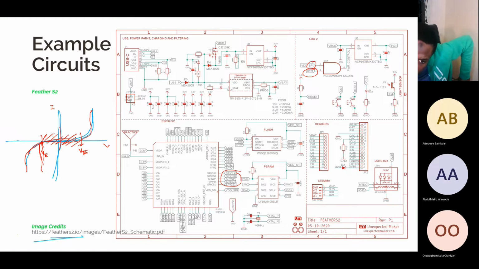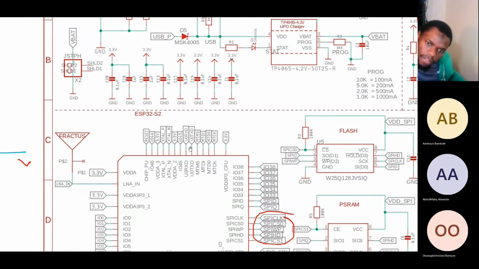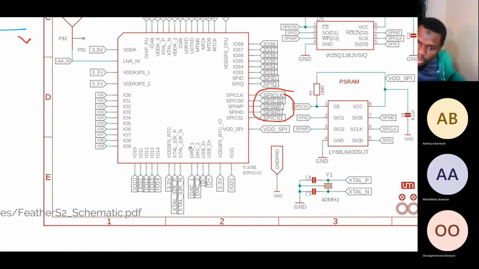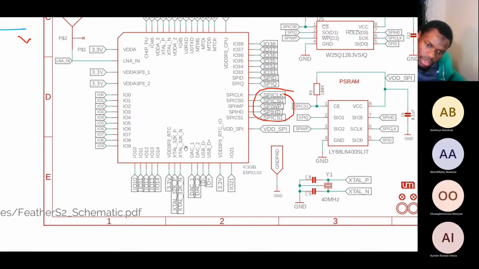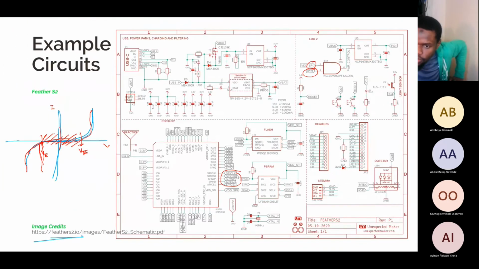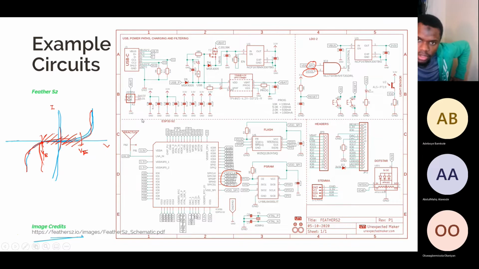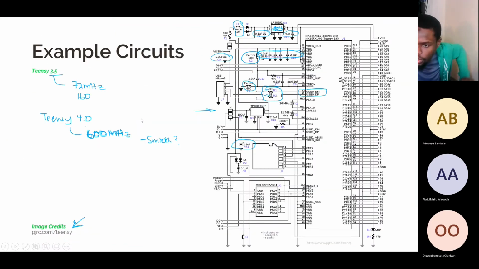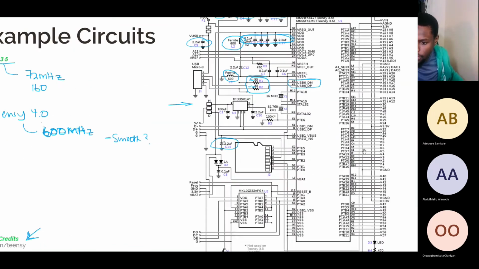I can't really zoom in. I'm not sure this device has an I2C feature, but anyways, you can see SPI here. Maybe this particular device does not have I2C. Let me go back one step and come here.